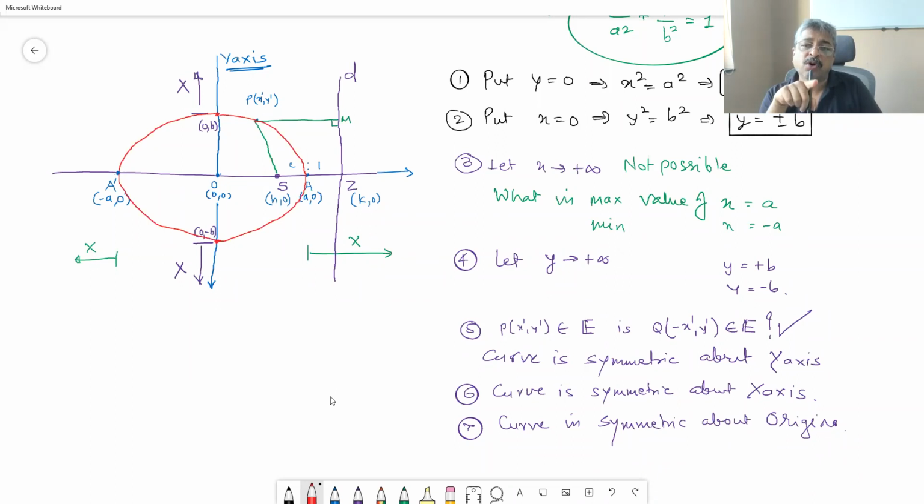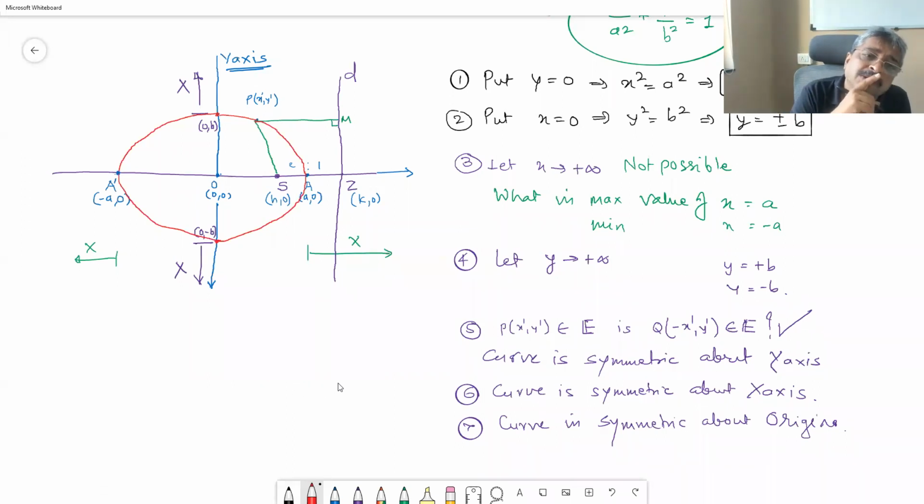See, if this curve was going towards infinity, for large values of x, if a value of y is available, then we should have checked it for asymptotes, if there is a tangent at infinity, etc. But in the present case, we cannot check that because the entire curve is closed, symmetric, and is in front of us.